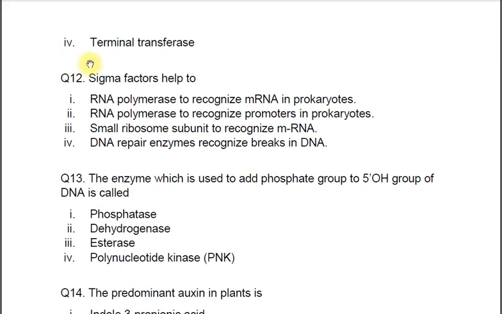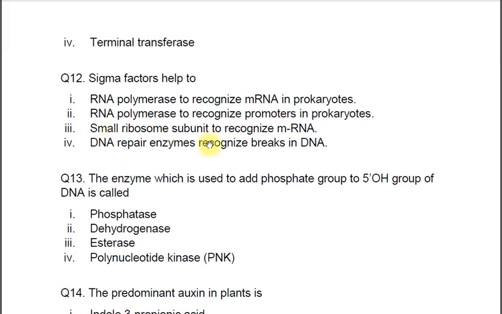Question number 12. Sigma factors help: 1. RNA polymerase recognize messenger RNA in prokaryotes. Option 2 says RNA polymerase recognize promoters in prokaryotes. Option 3. Small ribosome unit recognize messenger RNA. Option 4.